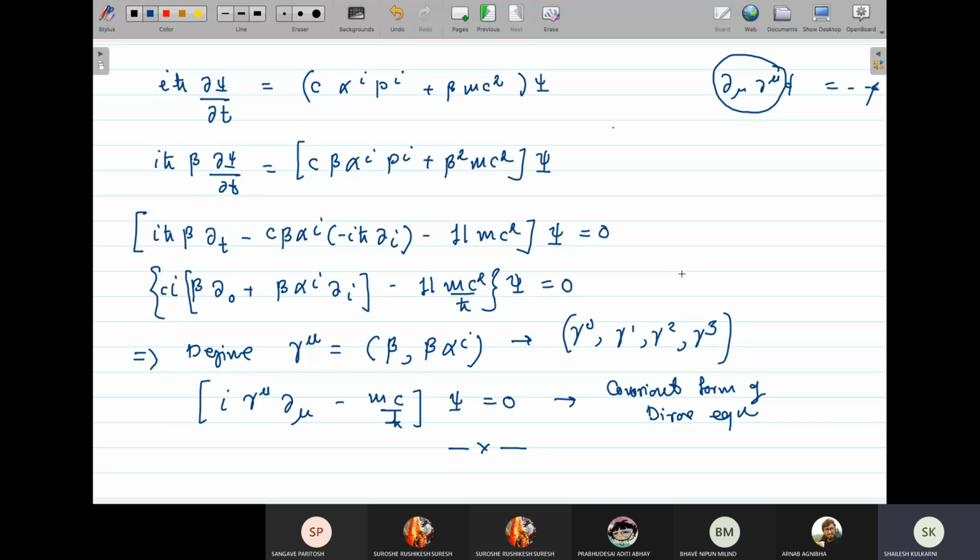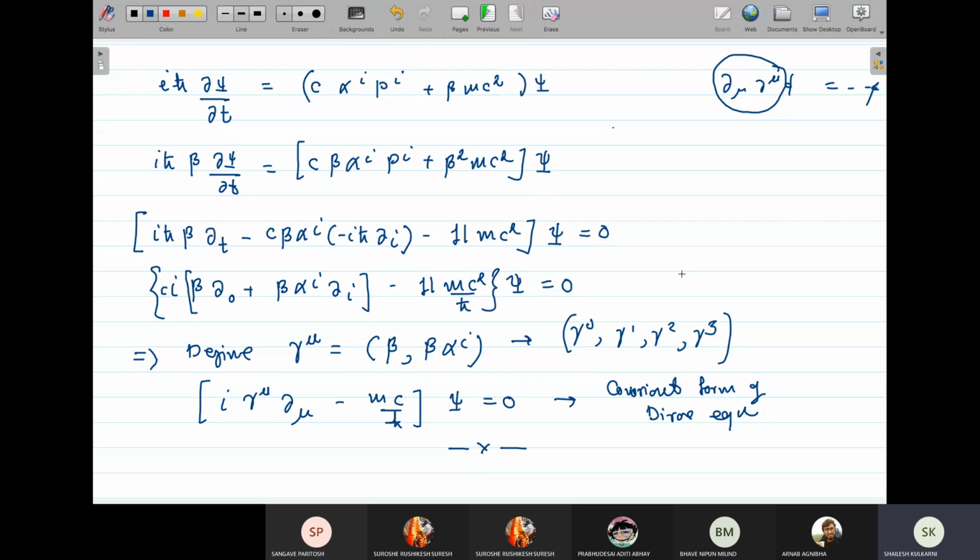Okay, so let me recapitulate what we did in our previous class. We introduced a wave equation which is first order in time and first order in spatial derivatives, and demanded consistency with the energy-momentum relation.